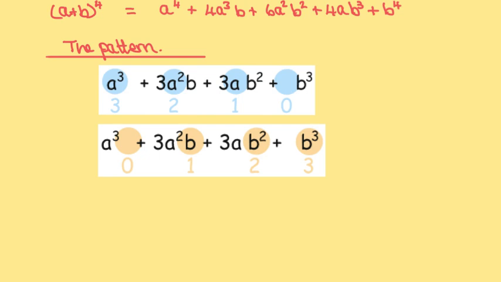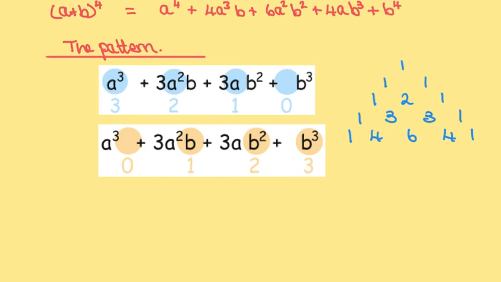If you remember back to the work we did on Pascal's triangle, that is one of the rows of Pascal's triangle. Quickly draw the first few lines of Pascal's triangle: 1; 1, 1; 1, 2, 1; 1, 3, 3, 1; 1, 4, 6, 4, 1.